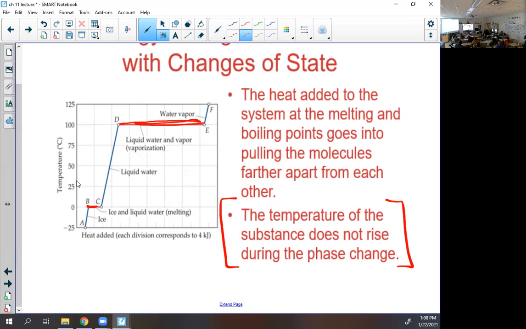Does anyone have a water bottle with ice in it? Shake that water bottle. All right. Ellie's water in that hydro flask will stay at 32 degrees Fahrenheit until every piece of ice is melted. Once every piece of ice is melted, then any heat that comes in from the outside raises the temperature.